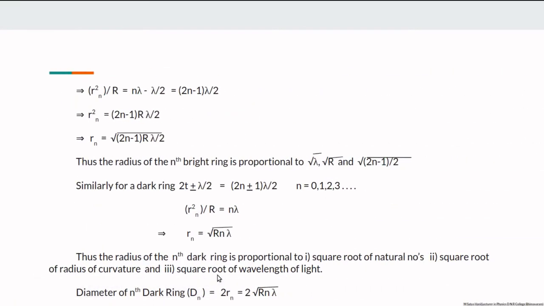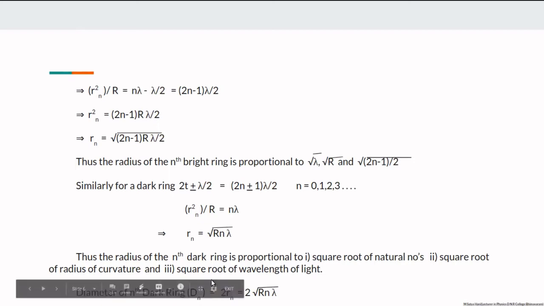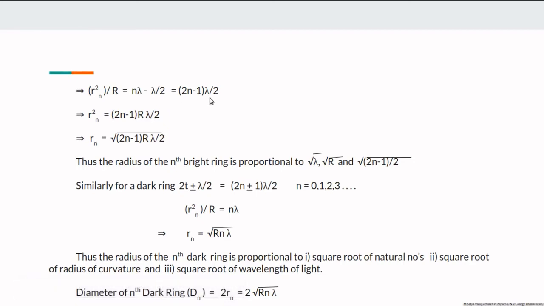If you substitute the value of 2t, you get rn square by R is equal to n lambda minus lambda by 2, which is equal to (2n minus 1) into lambda by 2. Finally, solving this equation, you get the radius of the nth bright ring is equal to the square root of (2n minus 1) by 2 into R into lambda.